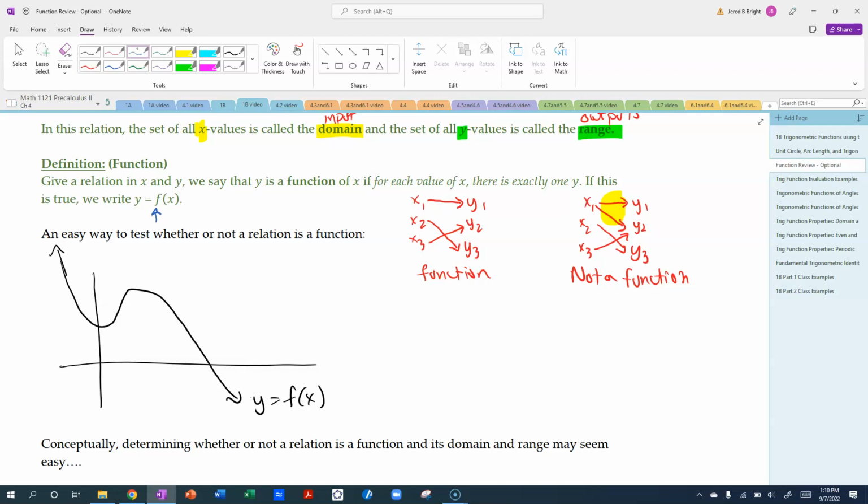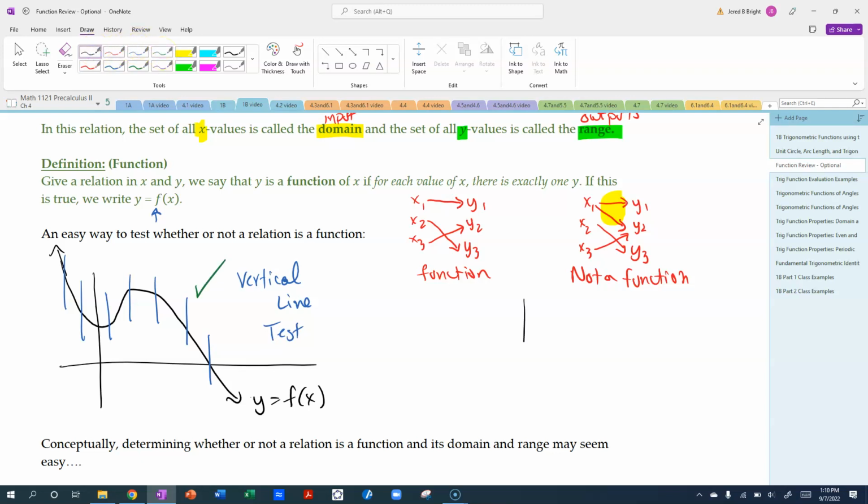Now, pictorially, we test for a function by taking vertical lines through any place on the function, and if we hit the function at most once, that's called the vertical line test. So this one would get the stamp of approval: yep, that is a function.